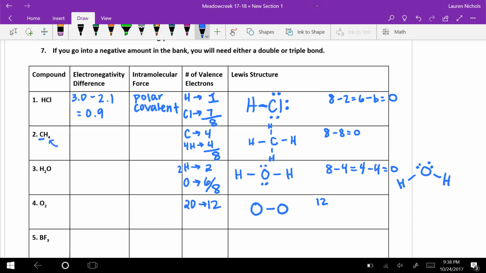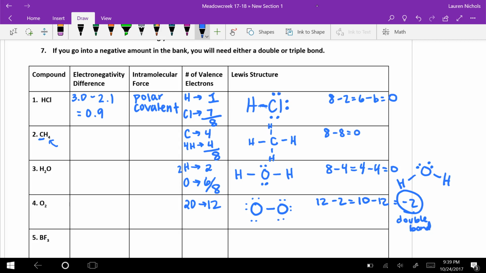So if we have our 12 electrons, and we subtract these 2, we have 10 remaining. Now, we both know that they each need 6 valence electrons. So if we do that, 1, 2, 3, 4, 5, 6, 7, 8, 9, 10, 11, 12. Well, if we subtract 12, that gives us a -2. That -2 tells me that I need to add a double bond in there somewhere.